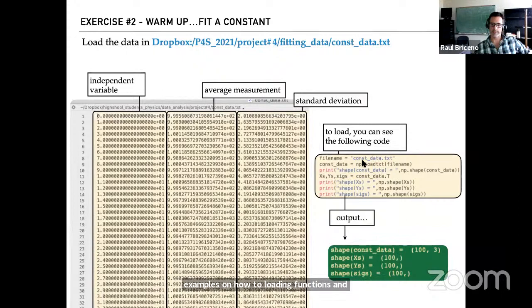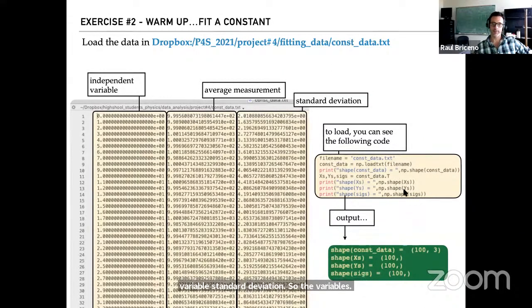And then this loadtxt makes this into an array. If you then take the transpose of that array and just spit it out into X, Y, and SIGs, that's going to give you back the independent variables, the dependent variables, and standard deviations of the variables, in an array format.